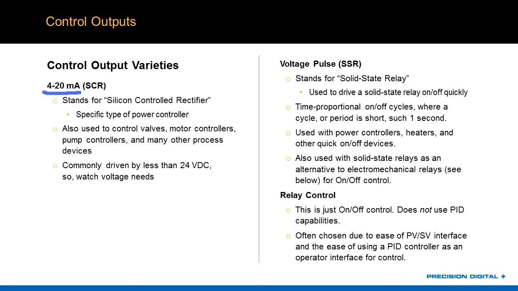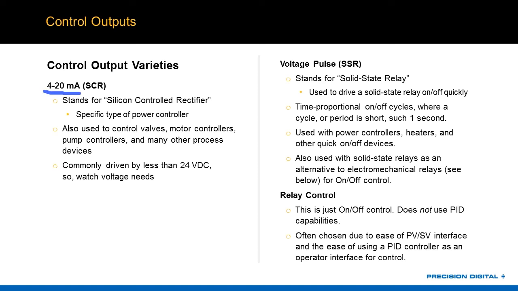The SCR is an old term. It stands for silicon controlled rectifier, which is the type of output that you use for a specific design of power controllers, I think is where that really comes from. But all it means is you're getting a 4 to 20 milliamp output. So when you see SCR used somewhere, they're talking 4 to 20 out.